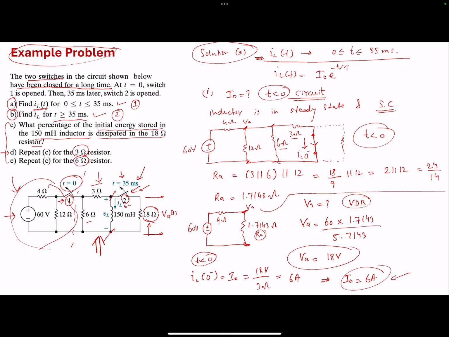After switch 2 opens, the 18 ohms resistor also got out, and your circuit does not have an 18 ohms resistor. Again, the 3 ohms resistor was there, so energy was being dissipated in the 3 ohms resistor. So a different amount of energy got dissipated in the 3 ohms resistor after the first switching event and after the second switching event. So we have to find those energies separately and then add all of that together. So that is one thing.